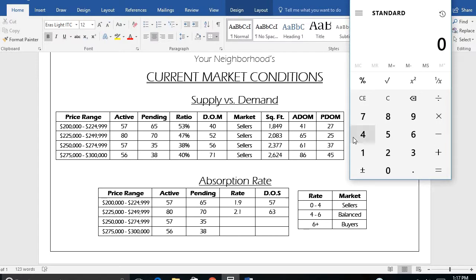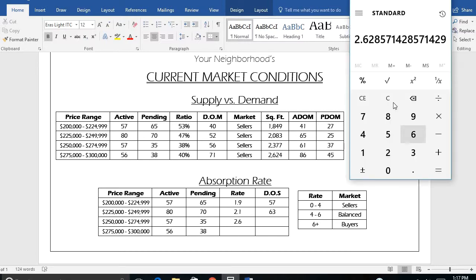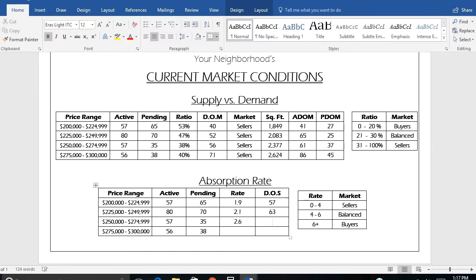Next bracket is going to be 57 plus 35. 92 divided by 35 is 2.6. .6 times 30, 78. What a hot market we have right now.